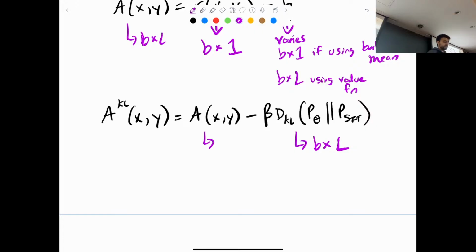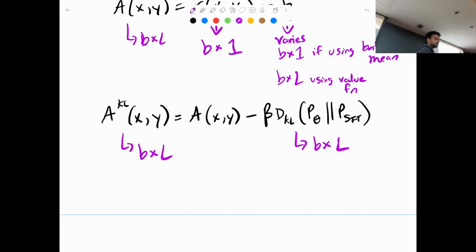If this is batch size times 1 before this computation, we'll do the broadcasting and then subtract this KL penalty. But at the end of the day, this quantity here is also a batch size by max sequence length matrix for a single batch.